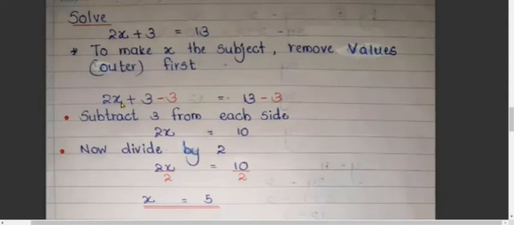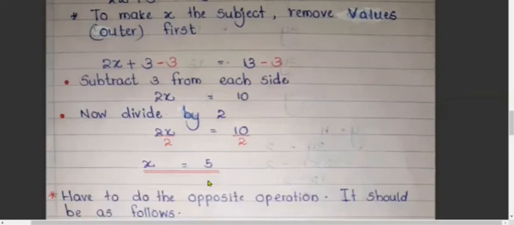Then you write 2x, 13 minus 3 will be 10. 2x, 2 multiplied by x. Now divide both the sides by 2. 2x divided by 2, 10 divided by 2. Then what is the value of x? 5.